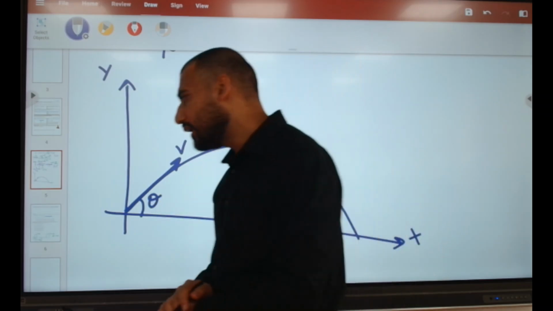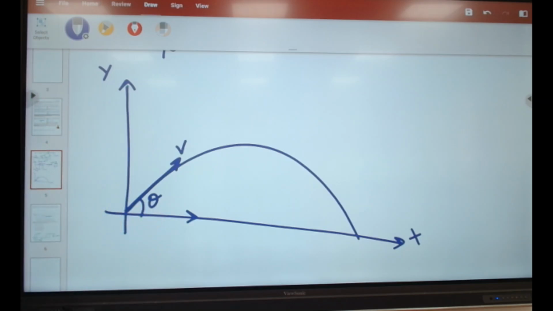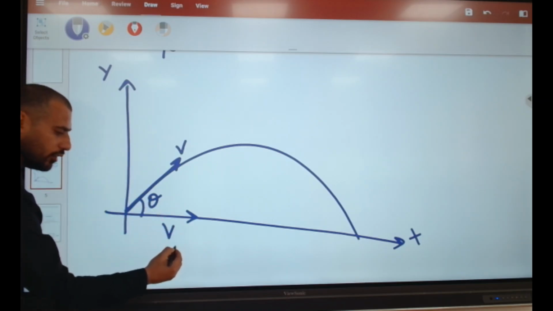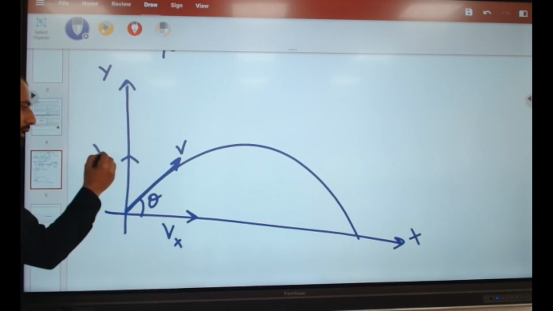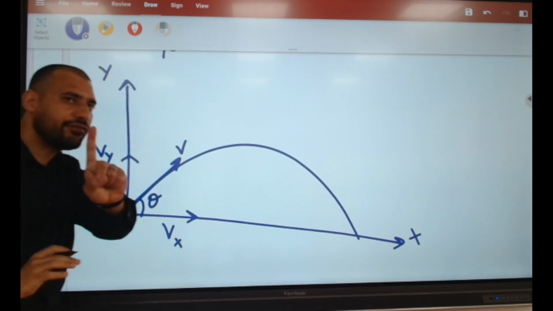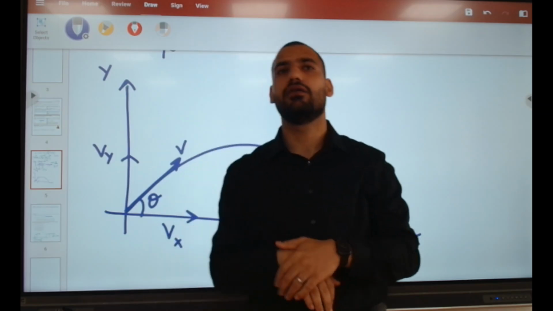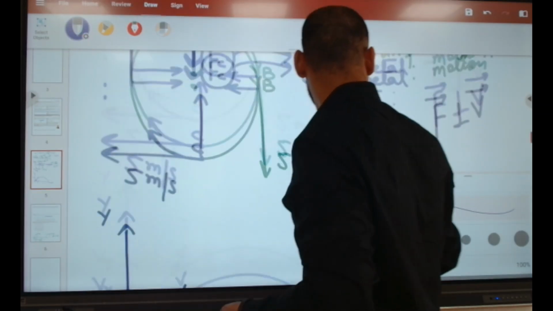Can you tell me what will be this component? Can I say this is the horizontal component? Can I say this is the vertical component? Now understand. There is only one force acting on this body. Which is that? Gravitation, exactly, the force of gravitation.